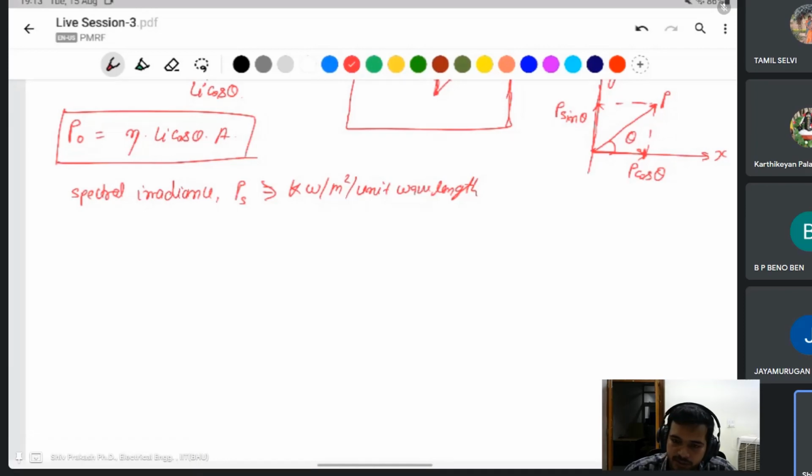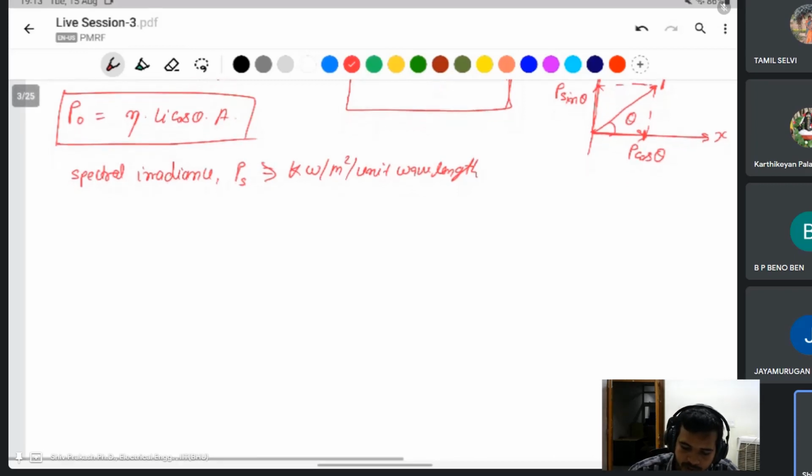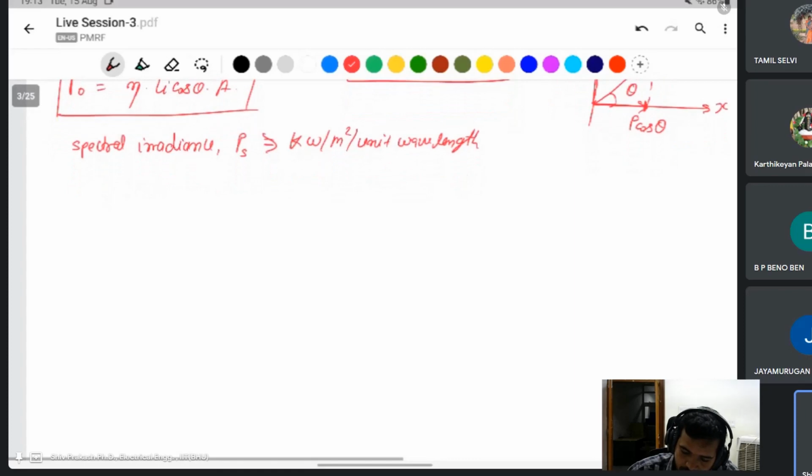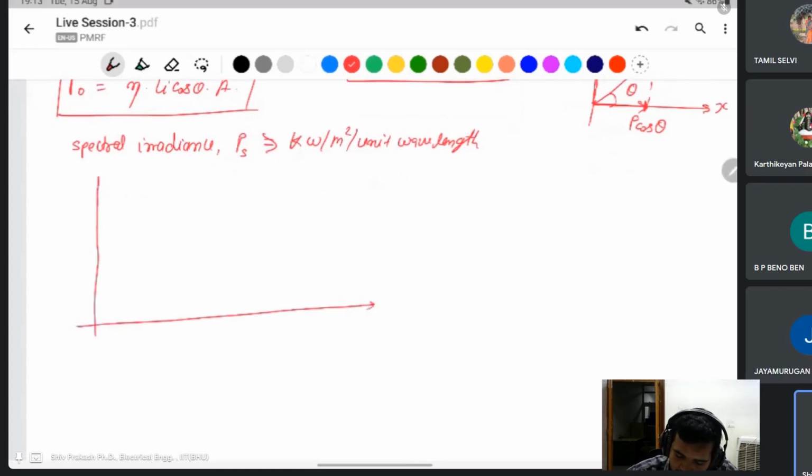Another is infrared. Infrared wavelength is very high, which means the frequency is very low. The intensity is less, but you can see it for a long time period. So when we categorize it in three ranges, the graph is approximately like this. The spectrum radiation of this is the solar spectrum, which means the light density spectrum.